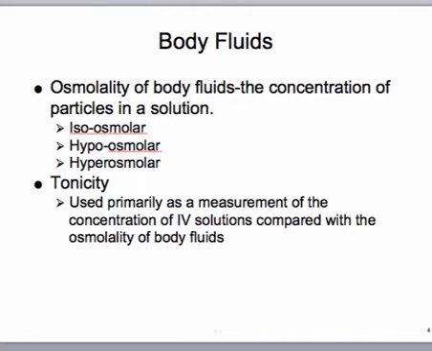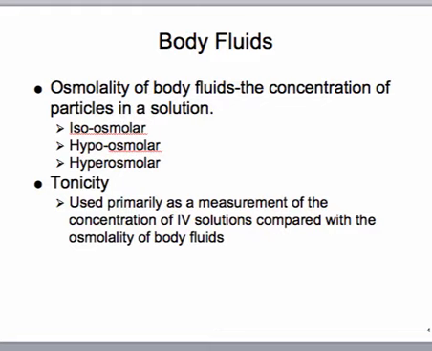As far as bodily fluids, osmolality of body fluids, or the concentration of particles in a solution, we call them isoosmolar, hypoosmolar, or hyperosmolar. Isoosmolar are the same proportion of weight of particles in water. Hypo are fewer particles than water, or less than 280 osmolality per kilogram.